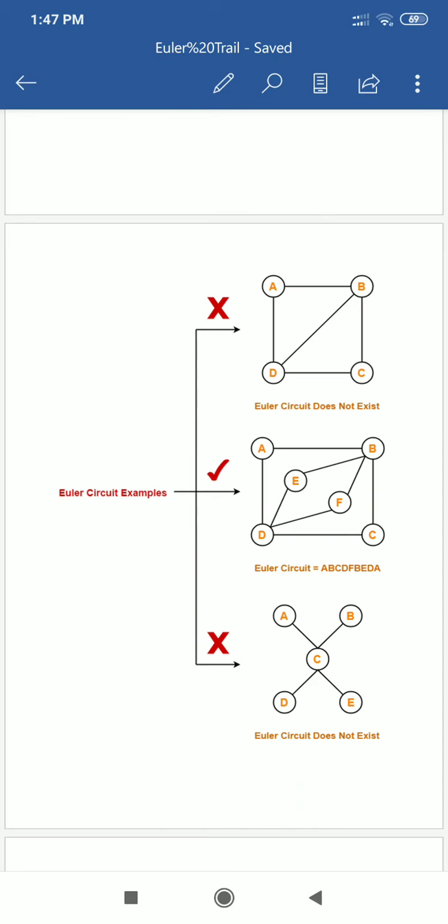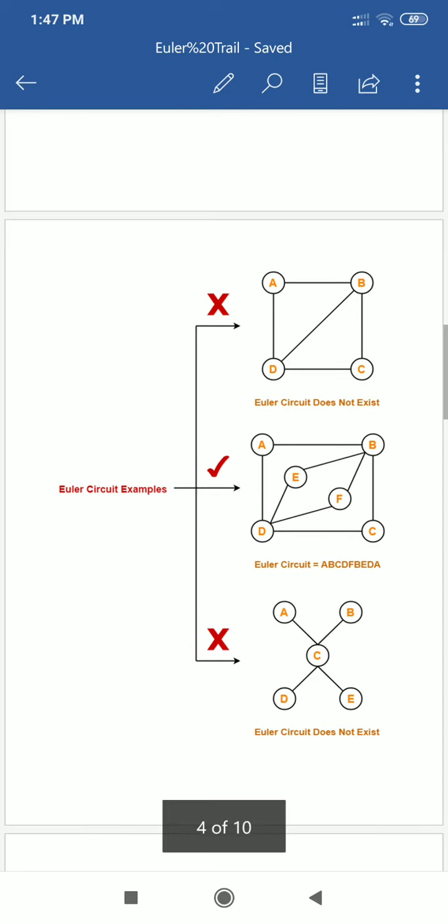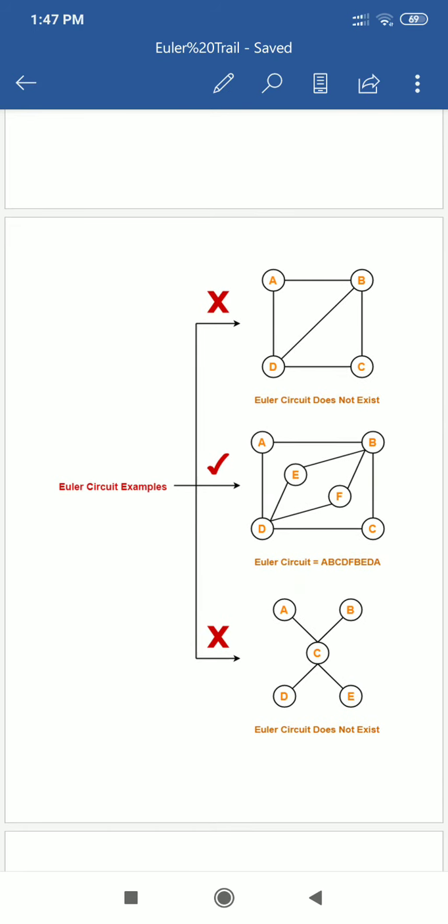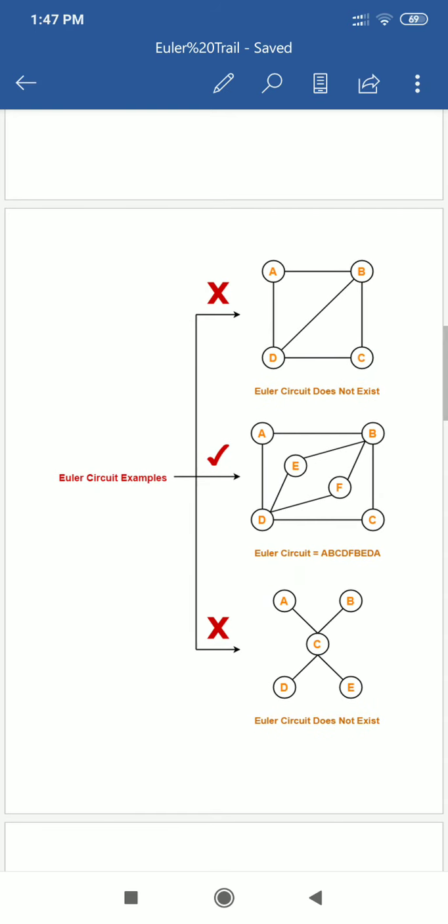Here we are going to learn what an Euler graph is. To know an Euler graph, we first have to know what an Euler circuit is. An Euler circuit is a circuit which contains all the edges. You know the difference between a cycle and a circuit. Here vertex repetition is allowed.